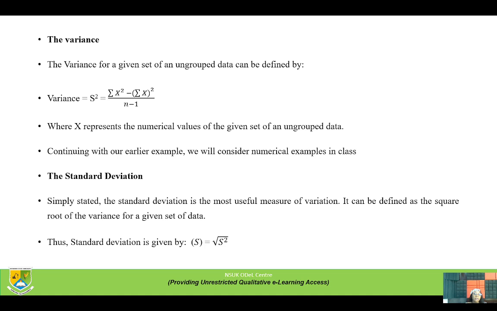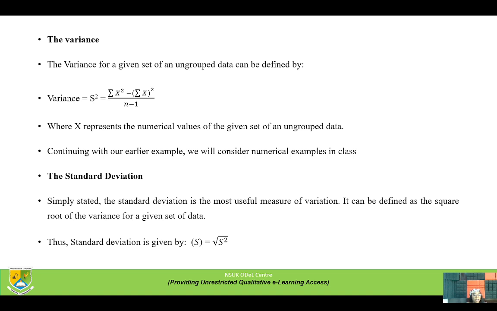This will be better seen and understood in class, where x represents the numerical values of the given set of an ungrouped data. Continuing with the earlier example, we will consider numerical examples when we are in class, so that you can see step by step how we go about them.